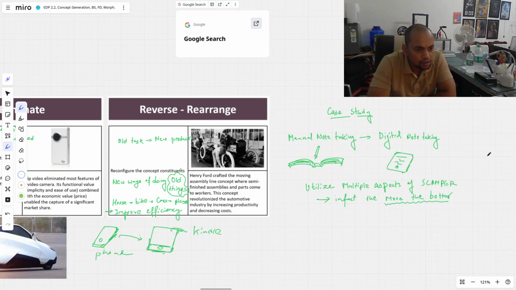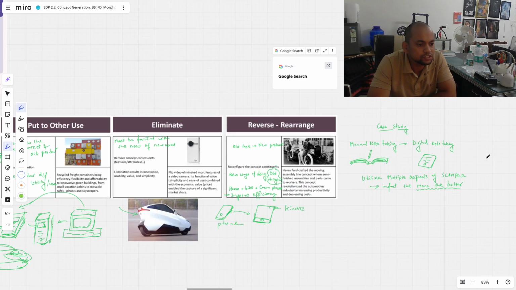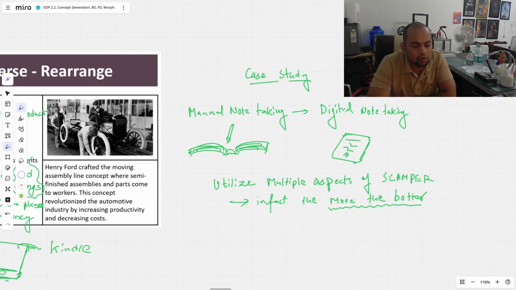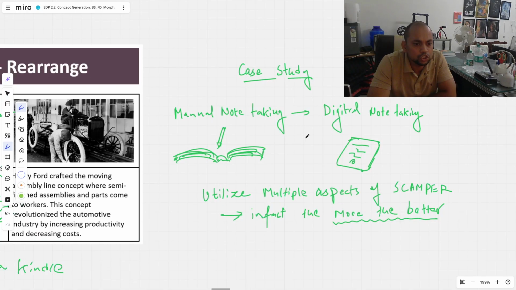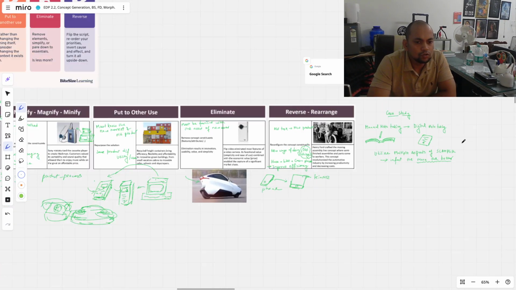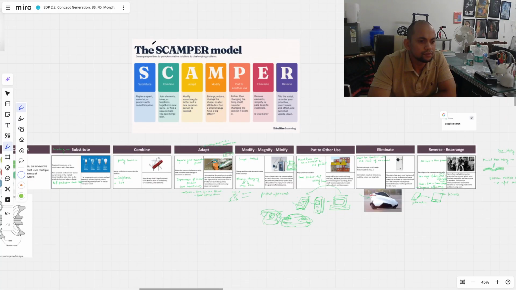Is using more of the features of SCAMPER really better? That will depend on your reasoning, on how the product suits the new user better. Okay, so this will be the end of SCAMPER.